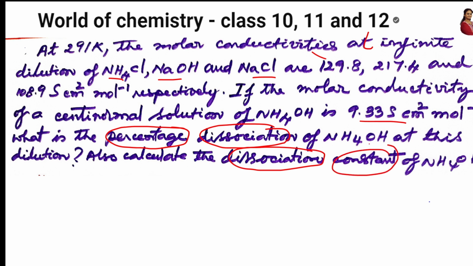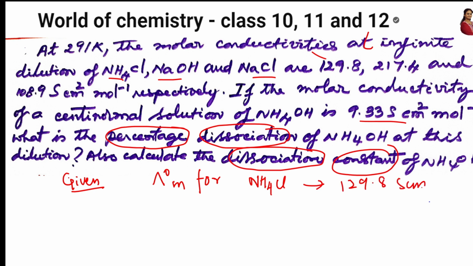I need to calculate for ammonium hydroxide. First of all, as the question is given to you, the important thing to remember is we are going to apply Kohlrausch law. So first of all, let us write what is given to us. They have given me molar conductivity at infinite dilution for ammonium chloride: 129.8 Siemens centimeter square mole inverse.